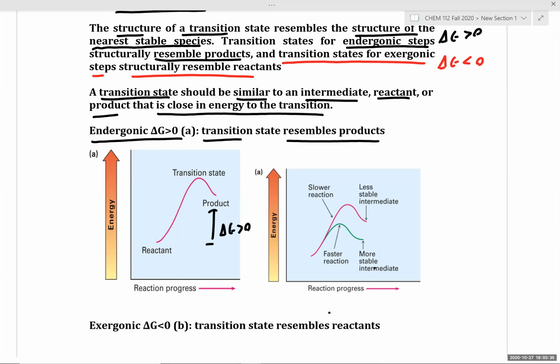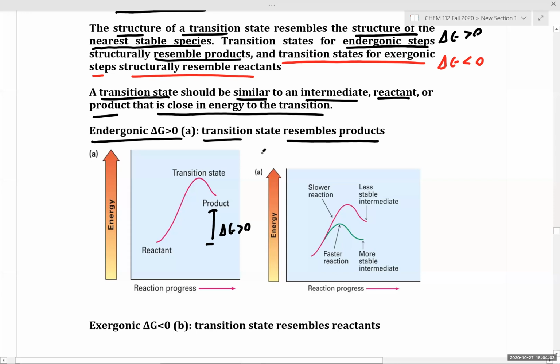So, by extension, by looking at our different possible products, we can compare the energy of our possible products and in turn relate the relative energy of our products to the relative energy of our different transition states. Okay, so let's show how this can be applied.